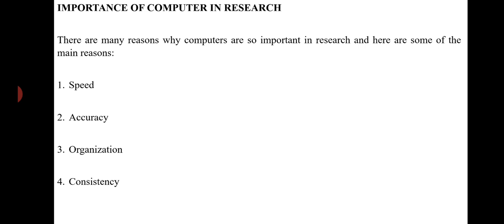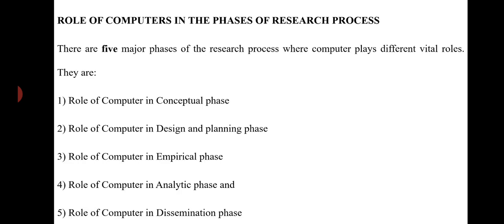This trait alone makes the computer exceptionally important to the world of research. For these reasons, computers are very important in research. And apart from that, let's look at the role of computers in the phases of the research process.